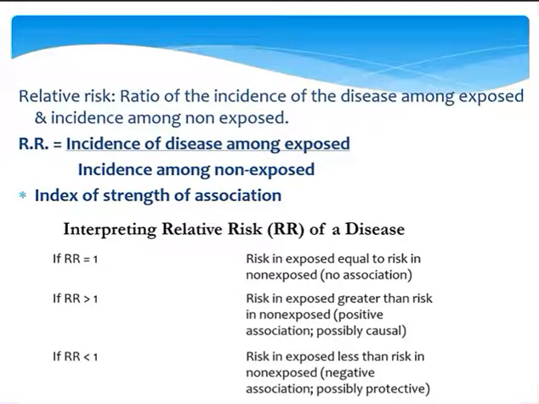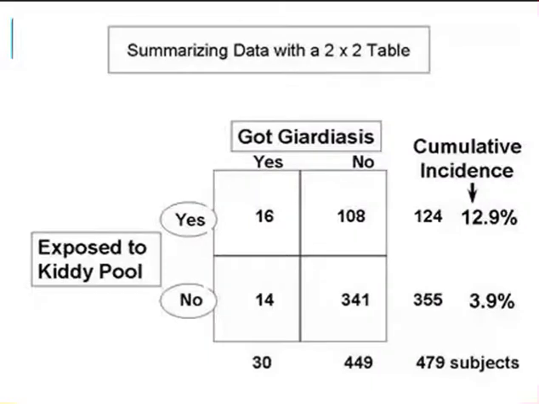Now I have a simple example for you here. We have a group of children who swim in the kiddie pool, and then there's a group of children who do not swim in the kiddie pool. You want to see how many children got giardiasis when they swam in the pool and how many children who did not swim in the pool got giardiasis.